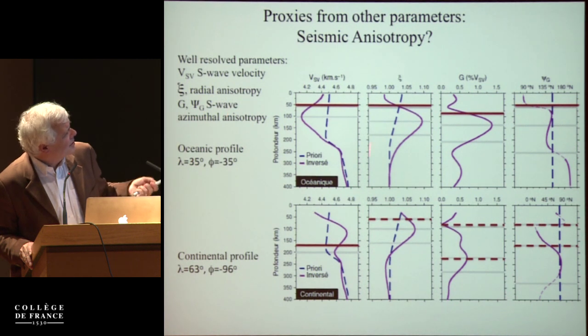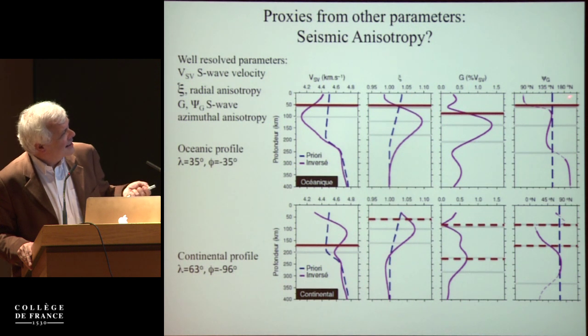We consider two different results, two examples at different locations, one below an ocean and the other below a continent. What we see for oceans is well-defined gradients for VSV and also for the Xi parameter. It is a bit more complex for the G parameter, but we also have a strong gradient. And very often what we observe is a change in the orientation of azimuthal anisotropy with depth.